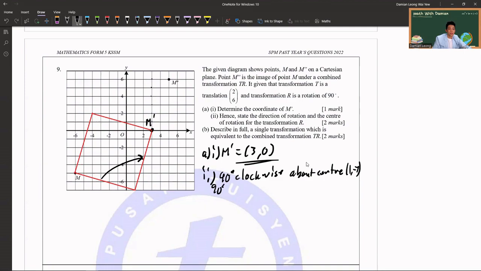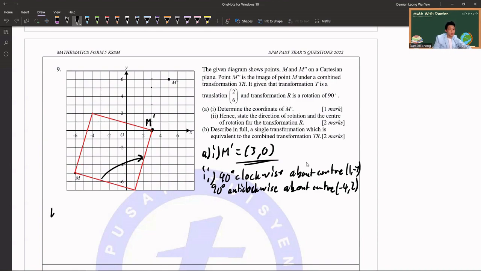It is also possible for it to be 90 degrees anti-clockwise rotation about the center, this point, -4, 2. Yeah, so it's not a very well set question because there are two possibilities here. But yeah, basically it can be both.